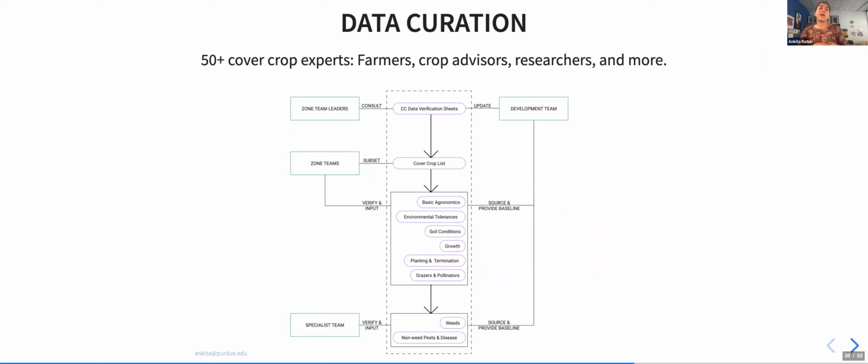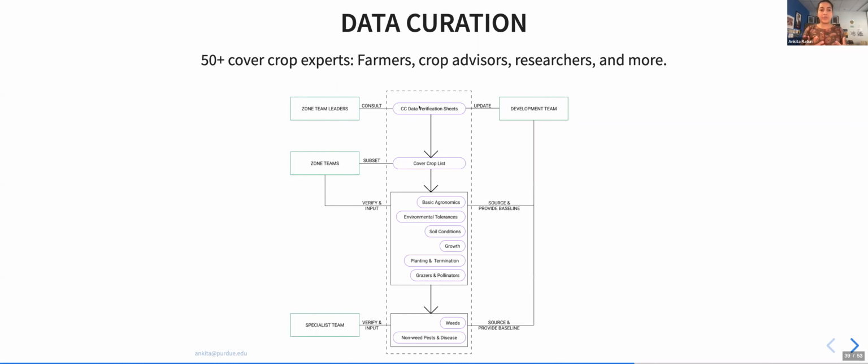Okay, so how do we do it? We put together a data curation process that brought together over 50 cover crop experts. These were folks from the Northeastern Cover Crop Council: farmers, crop advisors, researchers, and more. We were following and building on the model of data curation that was started by the Midwest, so this was our evolution of that process. It really came down to a development team.